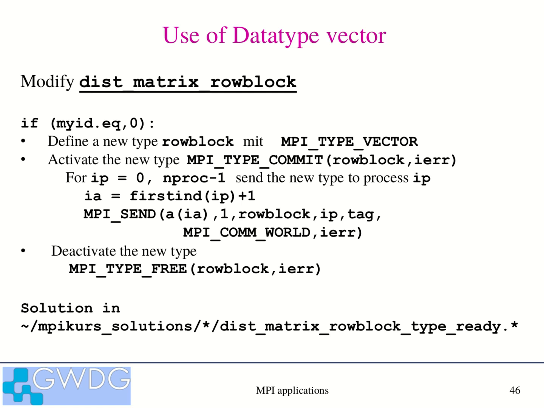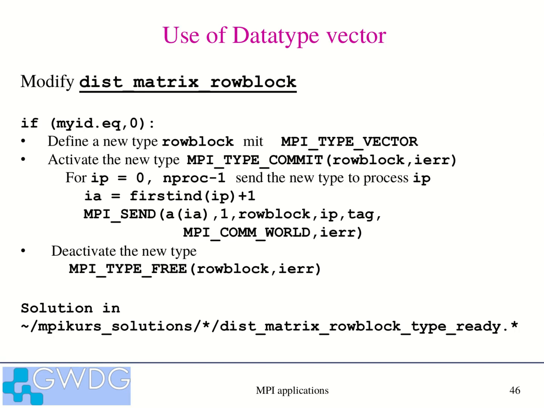Then process 0 can send, beginning from some address, which would be the address of the global matrix at the first index IP+1, where the rows start, one element of this new type, which contains all the data, to the process IP.